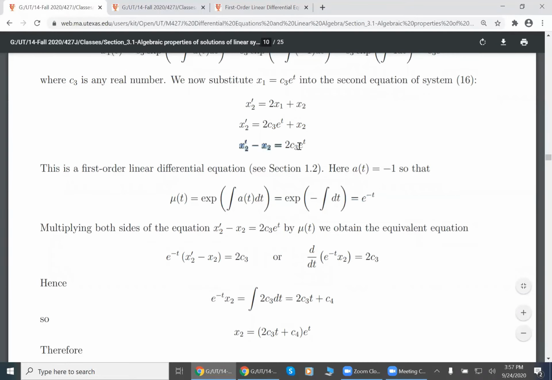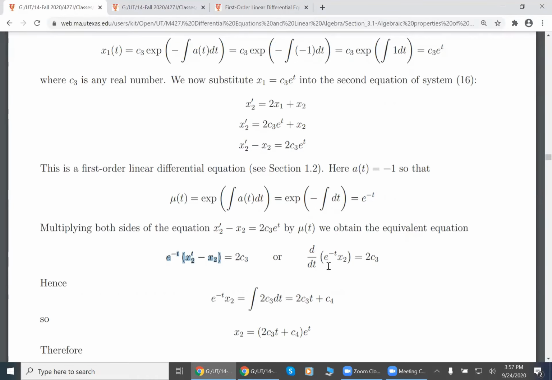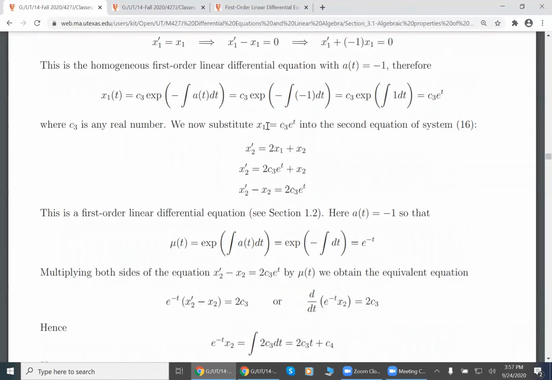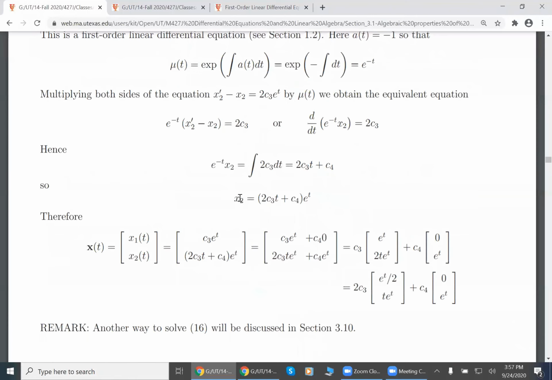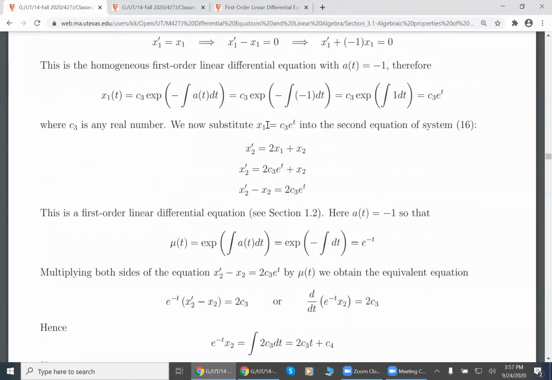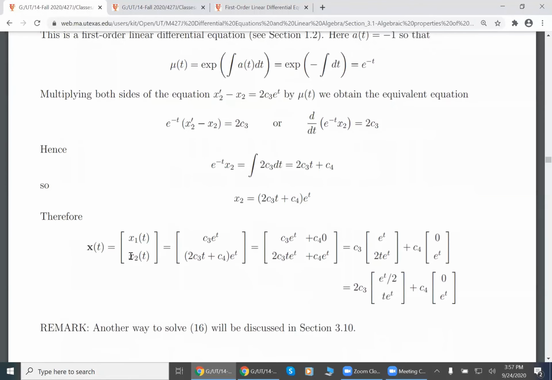We multiply both sides here by e to -t. Done. One can check that the left-hand side is the derivative of mu times x2. We integrate both sides, the result follows. So here's the formula for x1, here's the formula for x2. We replace x1 by this and x2 by this.